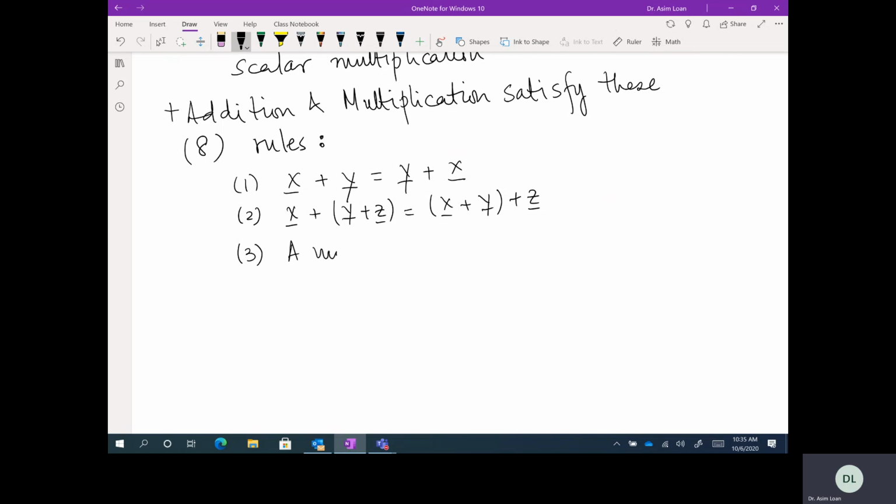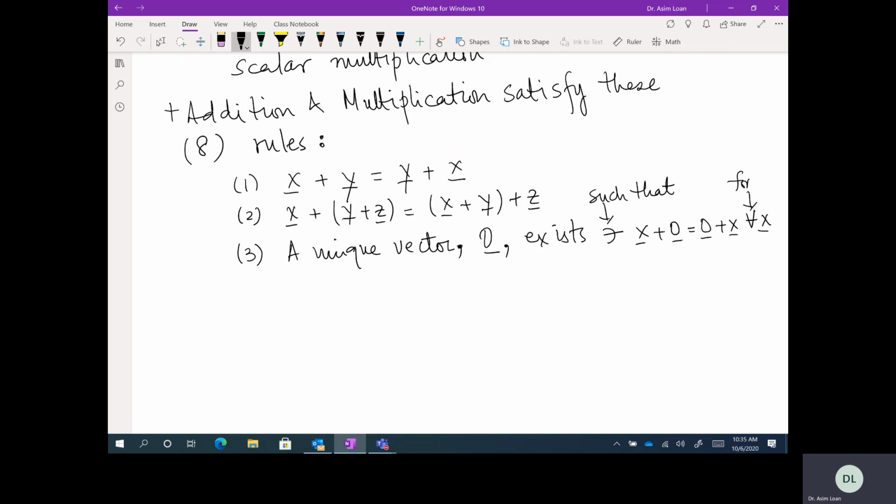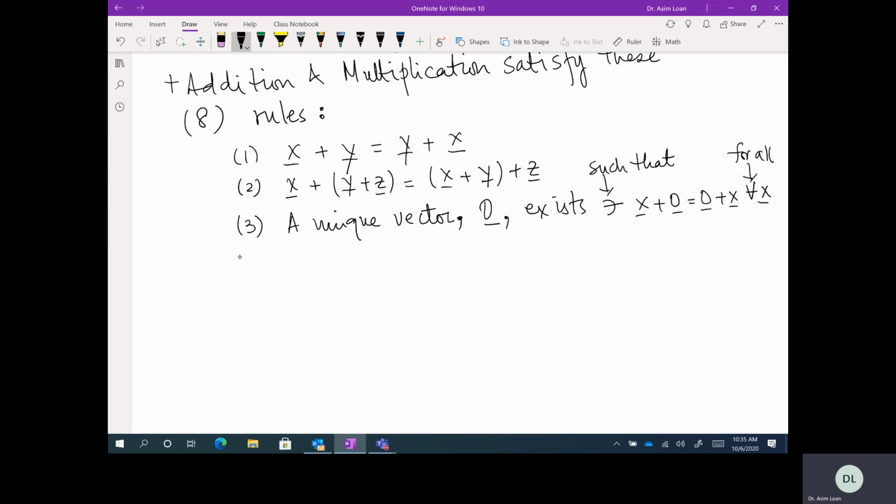A unique zero vector exists such that x plus 0 equals 0 plus x for all x. This is for each vector x.